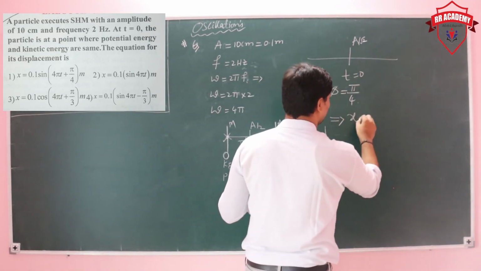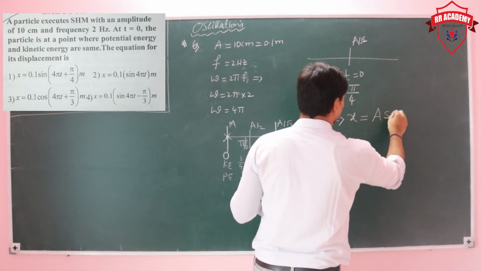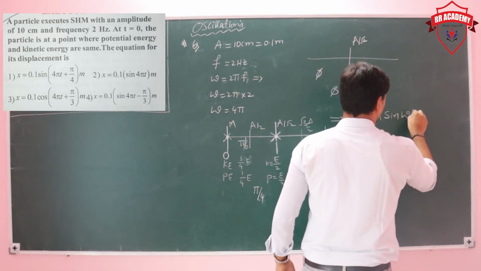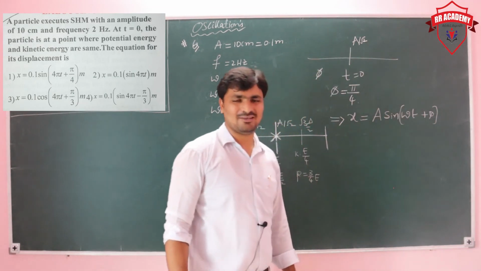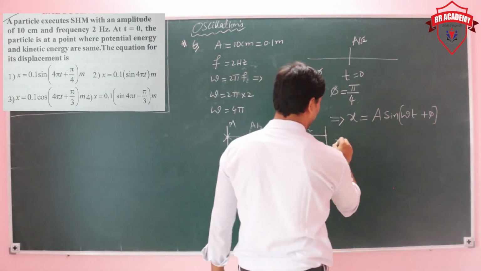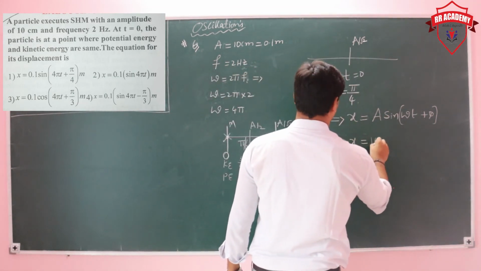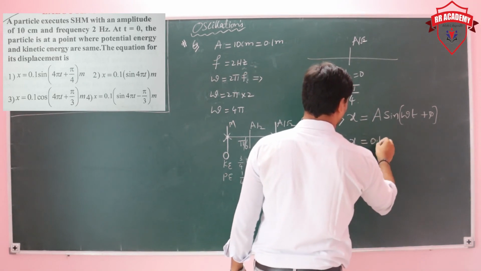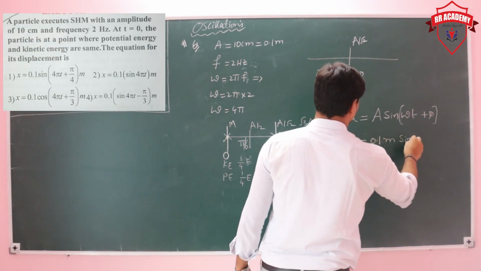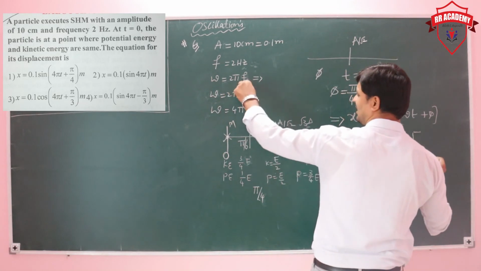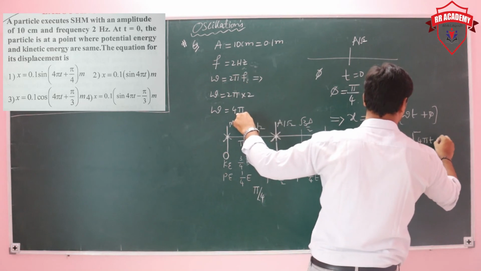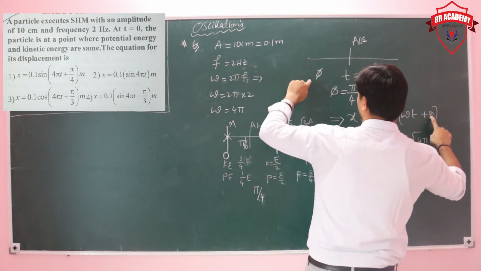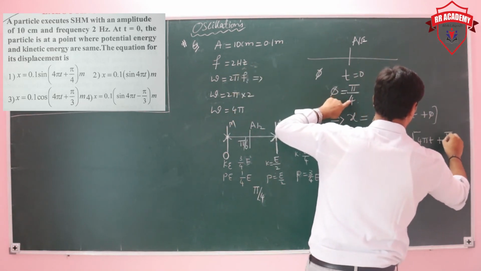So now write the displacement expression, a sine omega t plus phase. Then a value is 0.1 meter, sine omega value, omega is how much? 4 pi t plus pi by 4.